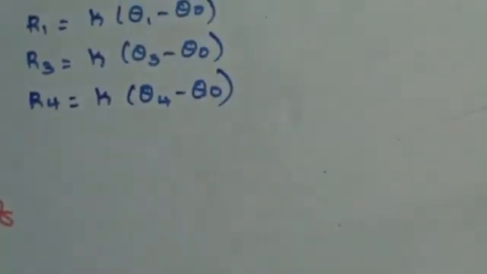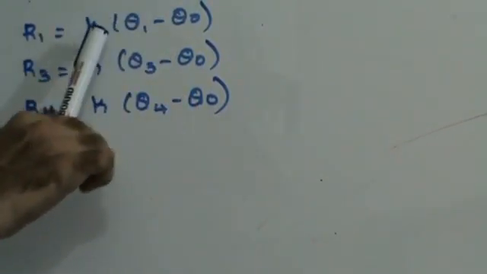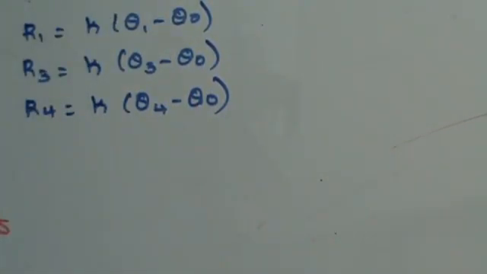Theta 4 minus theta 0. So from the first equation you will come to know theta 0, from the second equation you will come to know K, from the third equation you will come to know the rate of cooling when the temperature is 48 degrees Celsius, and in the fourth equation you will come to know the temperature at which the rate of cooling is 0.6 degrees Celsius.